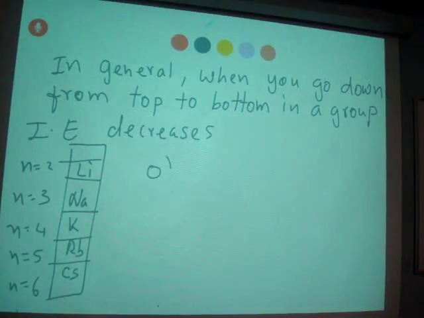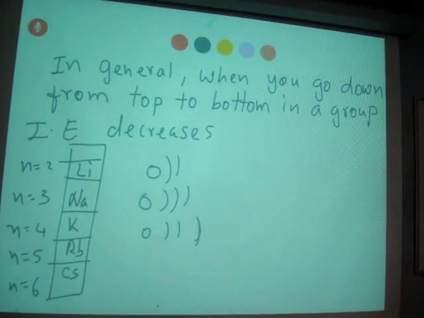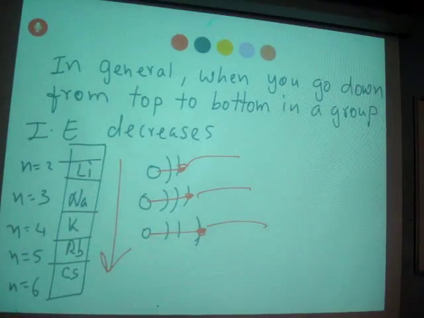That means the levels are increasing, so the electrons are going away from the nucleus. The pull on the outermost electron gets lesser and lesser, so it's easy to pull out these electrons, and you need less energy. That's why when you go down from top to bottom, ionization energy decreases. So you can follow this trend.